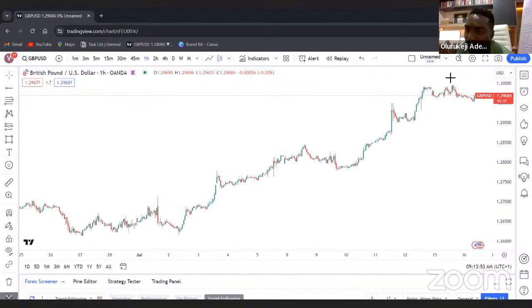So GBP USD and Euro USD will eventually try to follow AUD USD and NZD USD to the downside. All right, this thing I shared with you is a good way of knowing what sentiment is driving the markets. So I'm expecting that there should be some sort of push to the downside intraday on the GU and on the EU.